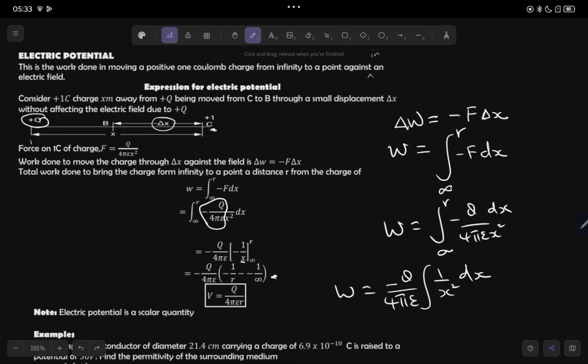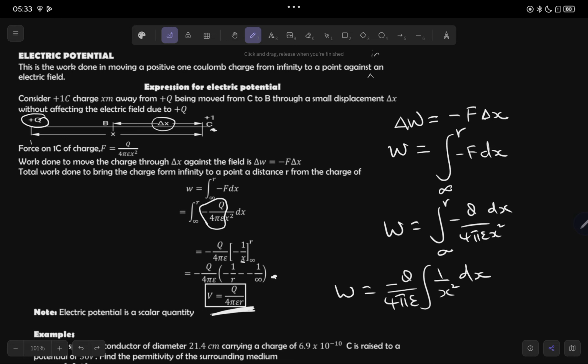So when we put 1 over infinity as 0, we end up with the expression for electric potential: Q over 4 pi epsilon naught R if it is in a vacuum or in air, and Q over 4 pi epsilon R if it is in any other medium of permittivity epsilon.